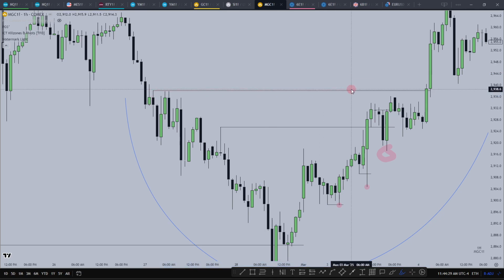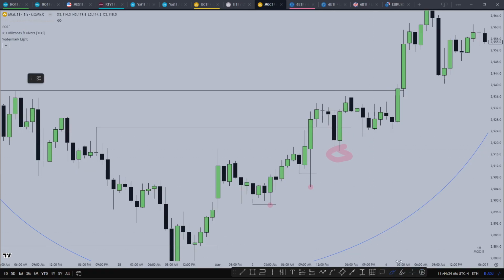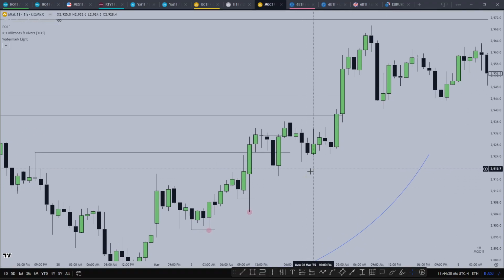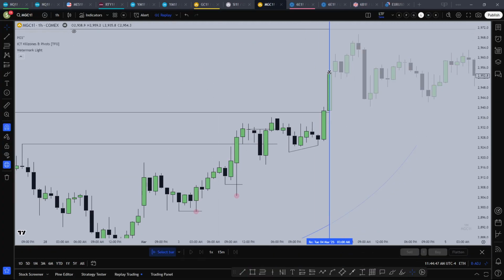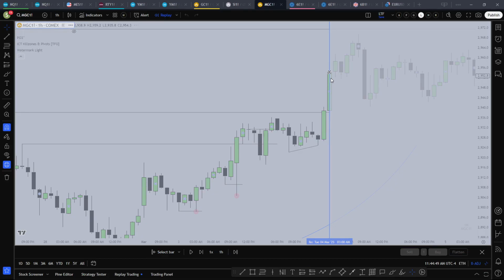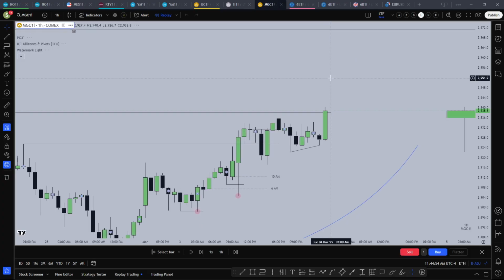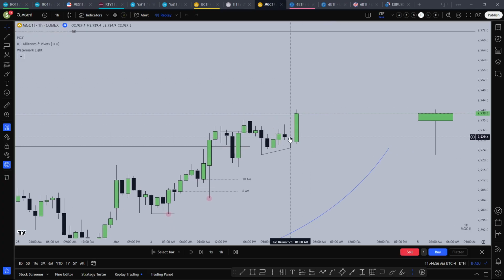So again, expectation for expansion on hourly, which time frame would you use for framing MMXM? I would need to see if this is an SMT, because only that way I could be able to frame this, else I would let it go without me.